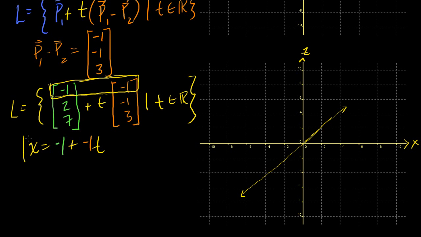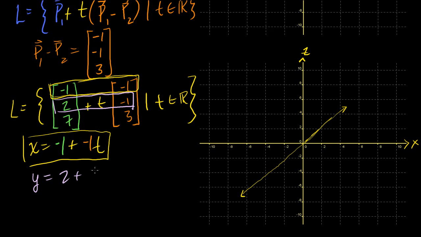That's our x-coordinate. Now, our y-coordinate is going to be determined by this part of our vector addition, because these are the y-coordinates. So we could say that our y-coordinate is equal to 2 plus minus 1 times t. And then finally, our z-coordinate is determined by that there. And the t shows up because it's t times 3.